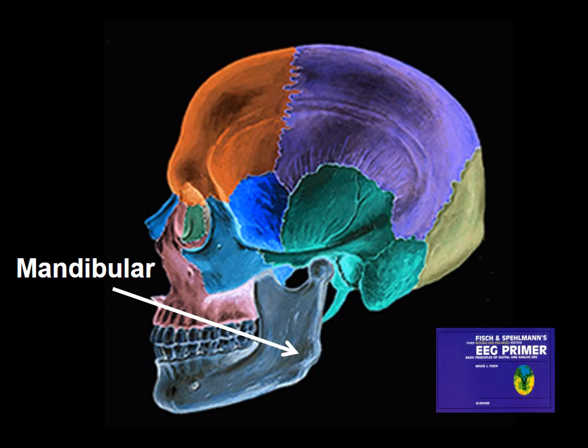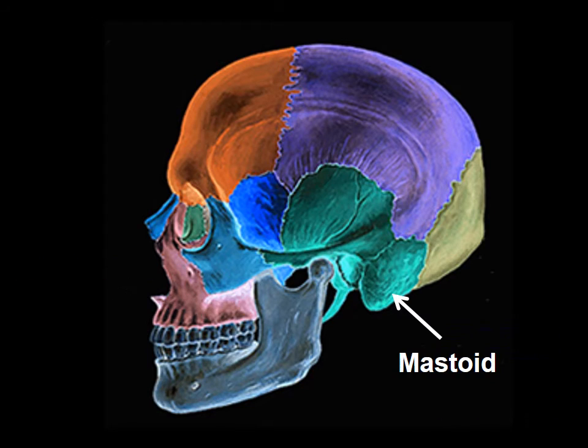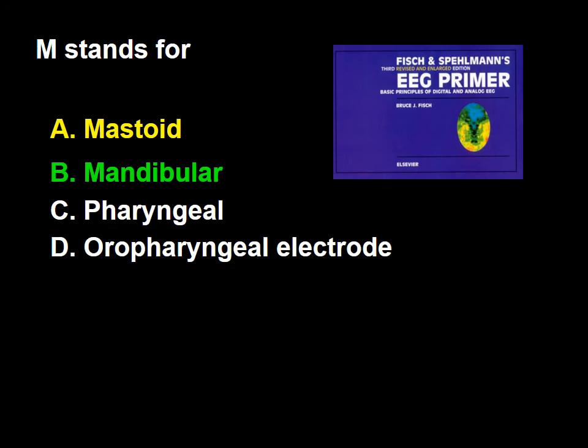M often is used to indicate mandibular, but at times it's also used to indicate mastoid. So the answer to this question is B, but not all agree. Some use the M for mastoid instead of for mandibular.